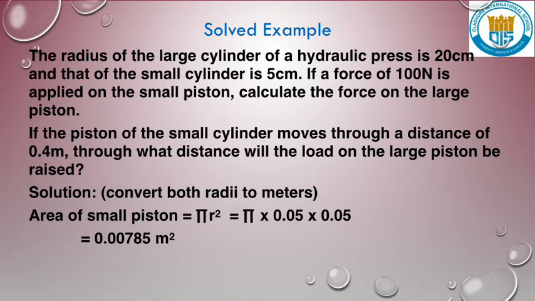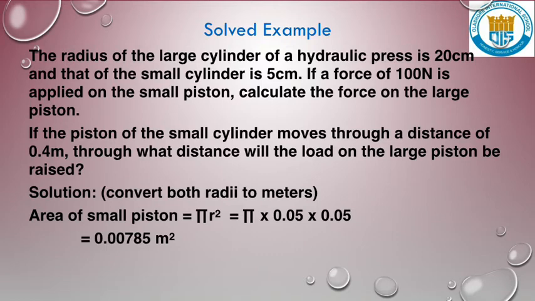Just as we did earlier, force over area inwards is equal to force over area outwards. Or if you like, force over area for small piston equals force over area for large piston. So you just slot in all the values. Don't forget that you must find your area. What you have here is the radius. You must use the radius to find the area for each cylinder, and then you get the force that you are looking for on the large piston.